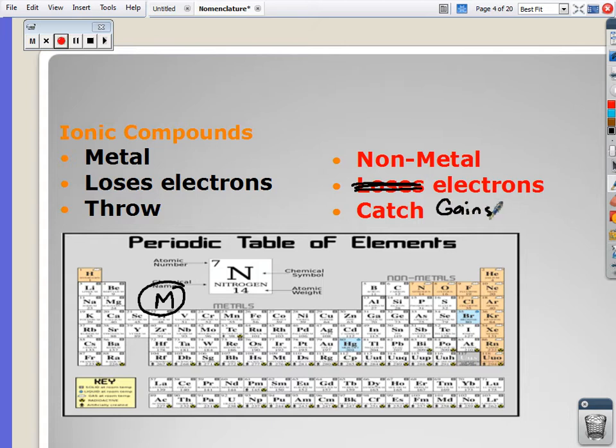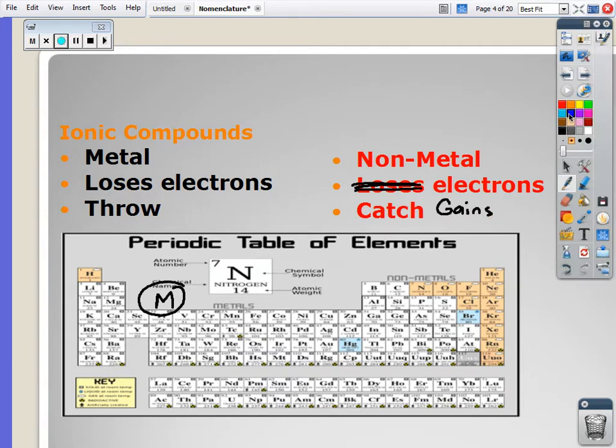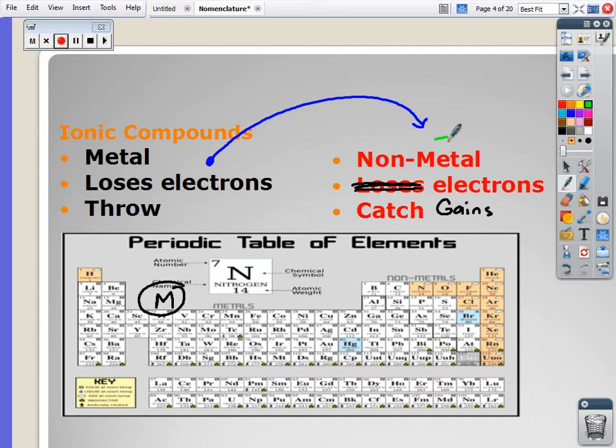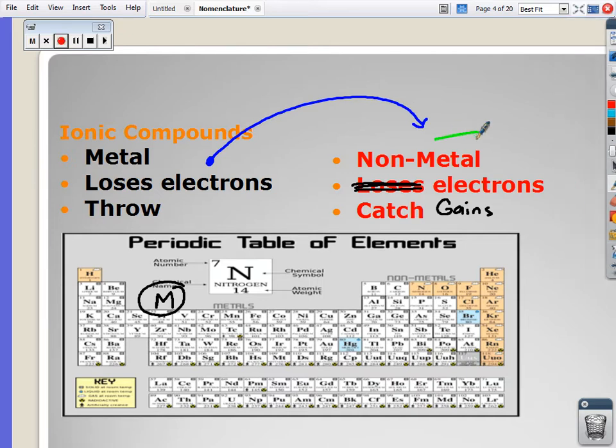If you can picture an electron like a ball, the metals have electrons and throw them to the nonmetals, and the nonmetals have mitts out. The metals throw the balls to the mitt, and the electrons are caught. So it's a game of throw and catch, or lose and gain.